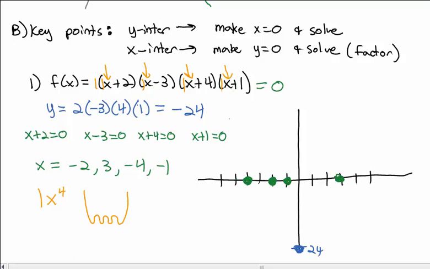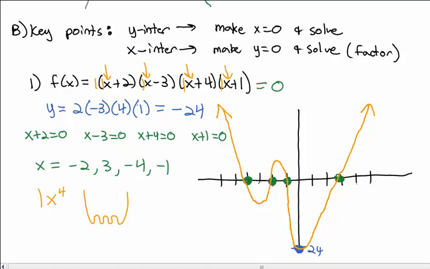It's going to come in from the top left. It's going to go through the first x-intercept, and then it has to bend back to the next x-intercept, bend back to the next intercept, come all the way down to the y-intercept, and back up. So this graph is going to look something like this.